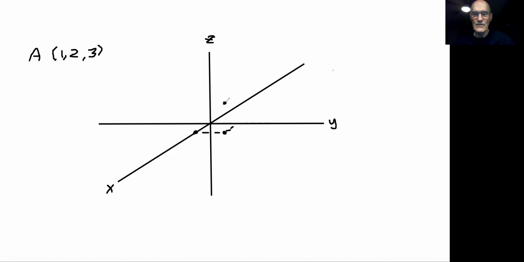So if you look at it, you can visualize a kind of rectangular solid. It comes across like this, it comes up from the axis like this, and it comes down like this, and it comes across like this, and it comes out like this.